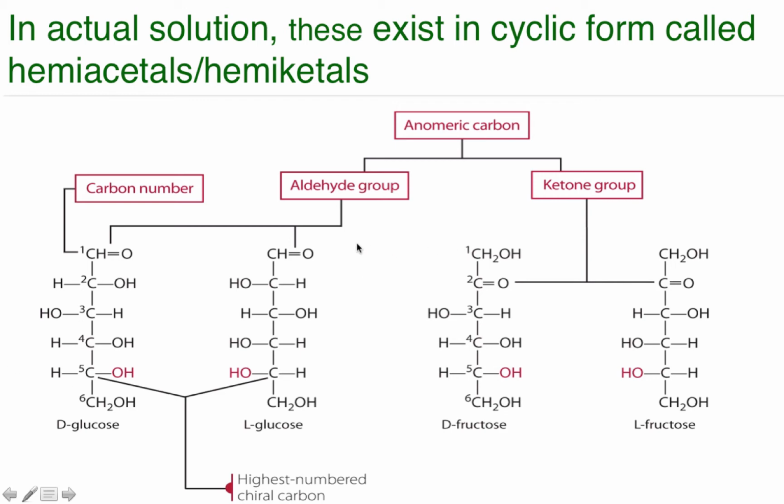So wherever you find that functional carbonyl group, you have your anomeric carbon. You see here that this is an aldehyde group, so it's an aldose. Here we have fructose. Where's the carbonyl group? It's on the second carbon. So this is considered to be a ketone group, or ketose. We'll talk more about this with glycolysis, though. Not so much today.